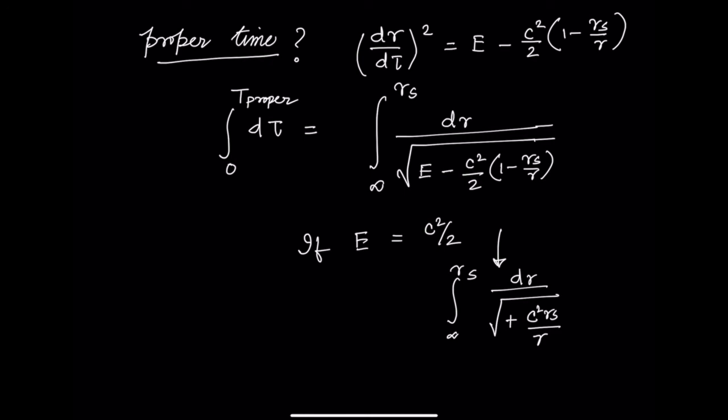But what about the coordinate time? Consider an observer who is not falling with this person, but is trying to measure. So you are falling into the black hole from r equals infinity to r equals rs.